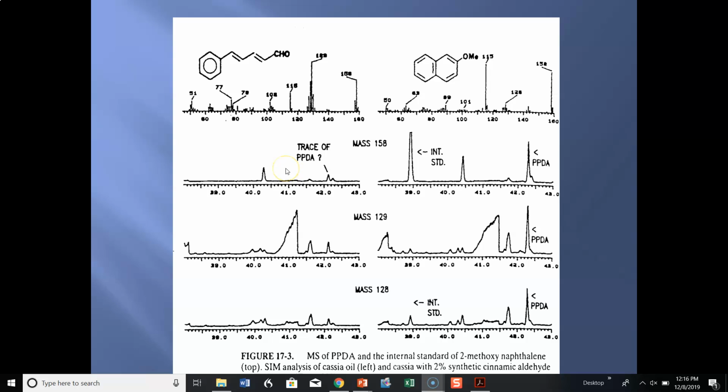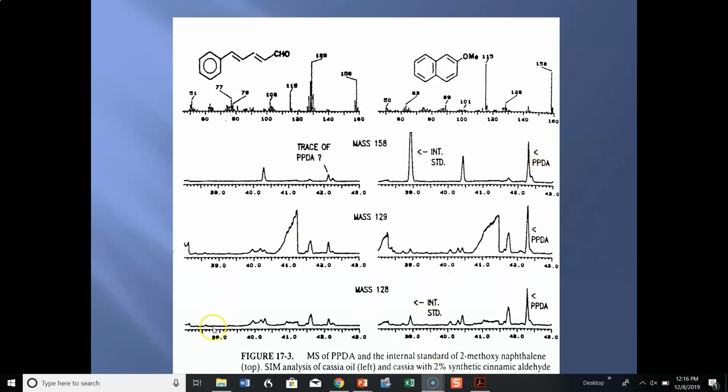The left-hand side is in the essential oil. The same is true for mass 129. There's a small peak present in cinnamic aldehyde. But we can look at the adulterated or synthetic product. There's a large peak in 128.